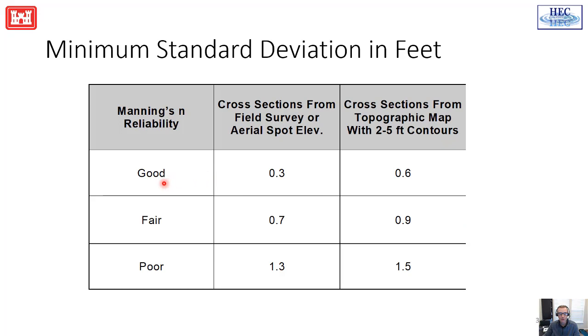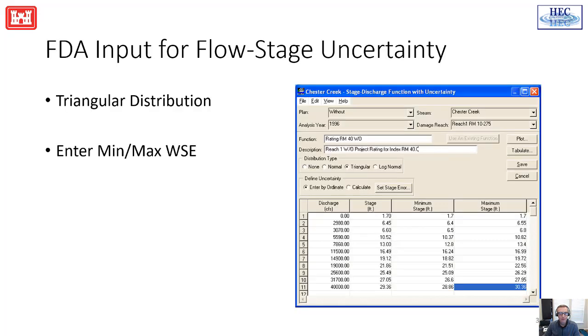So you can see with high reliability in Manning's n values, with good cross-section data, we have a standard deviation of 0.3 versus poor reliability in Manning's n values and poor data, we have a minimum standard deviation of 1.5 feet.